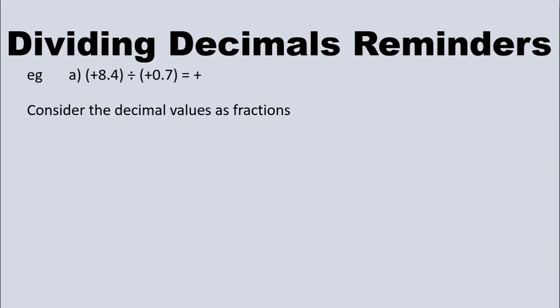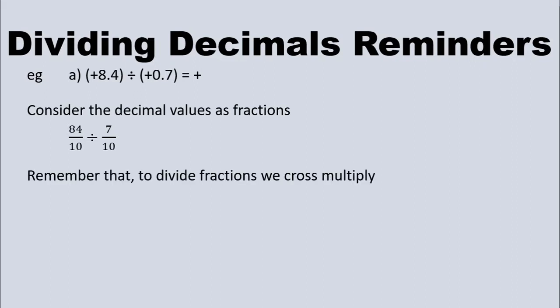So writing these decimal values as fractions, I'm doing 84 over 10 divided by 7 over 10. If you need this reminder, to divide fractions, you simply flip the second fraction over and multiply. That's called cross multiplying. So I've got 84 over 10 multiplied by 10 over 7.